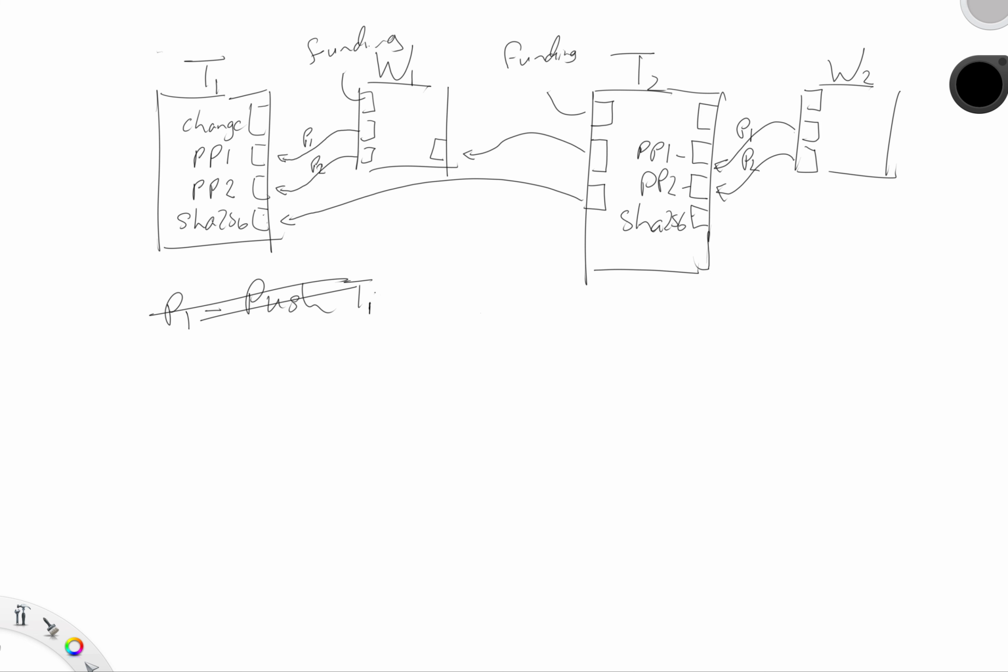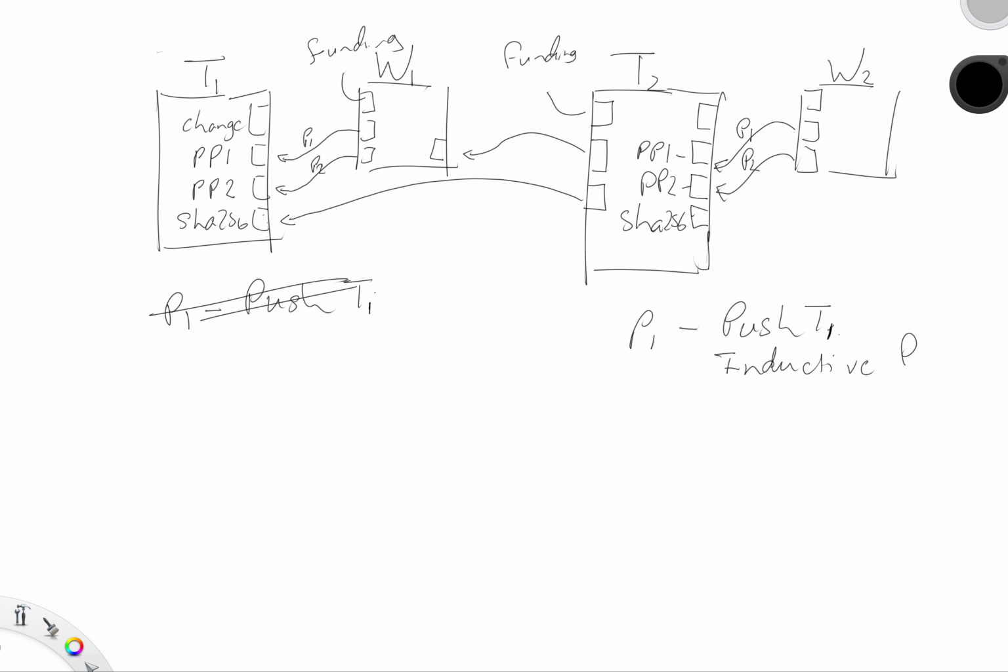So P1 does a push TX. Now, what does it push? It pushes T1 into PP1. Why is it doing that? Because, if you are familiar with this technique, we're essentially trying to do an inductive proof.